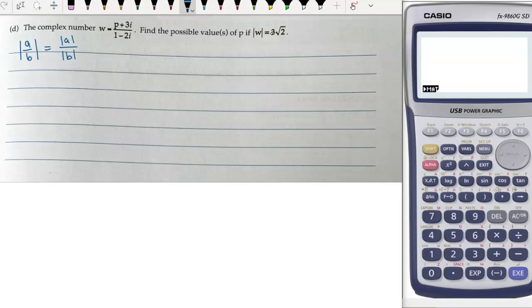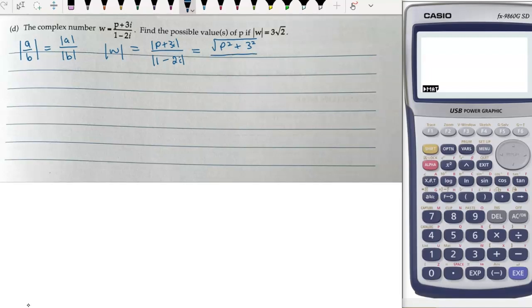Okay, so for the modulus of w, it will be the modulus of p plus 3i divided by the modulus of 1 minus 2i. Now if we're working out modulus, we do the square root of the real part squared plus the imaginary coefficient squared, not the i, just the 3.